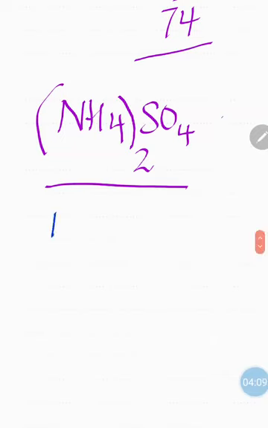There is 1 sulfur, so we've got 1 sulfur, and there are 4 oxygens.